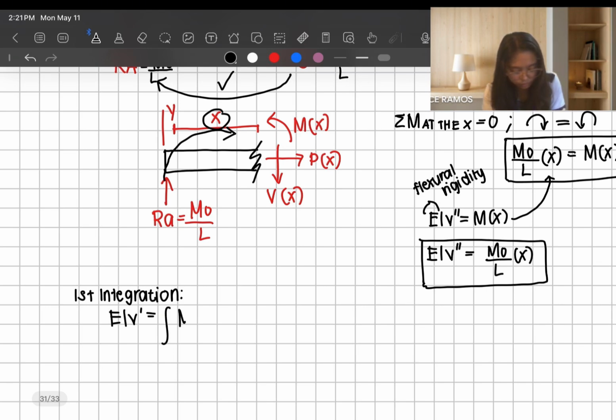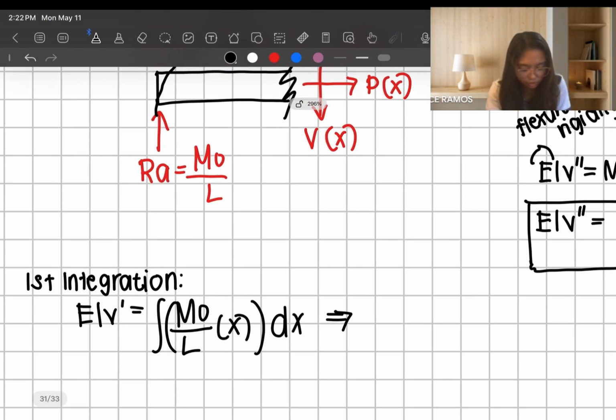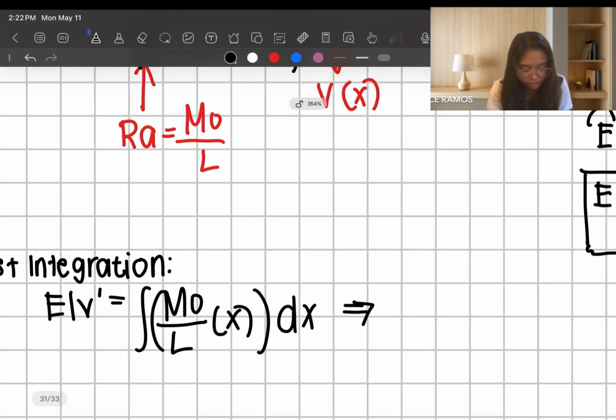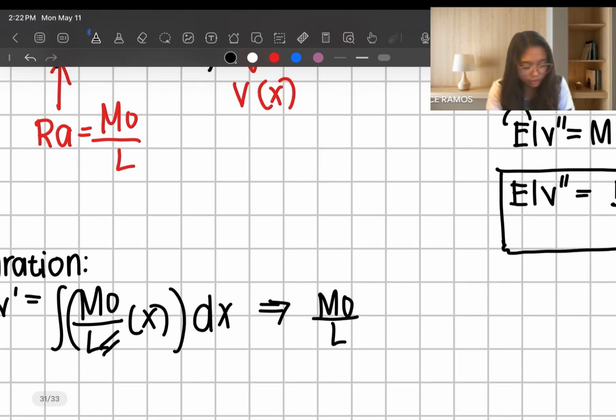So, using our basic knowledge of integral calculus, since this is a constant, we will just copy it. And the x will become x squared over 2 using the integration power rule.